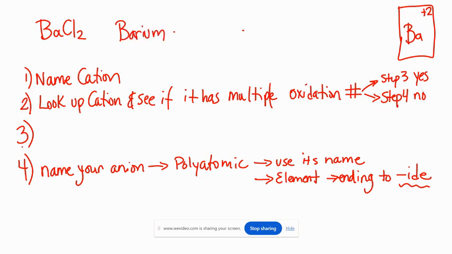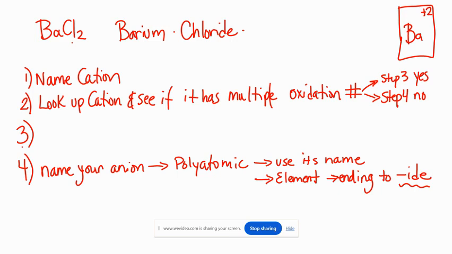I'm going to look up and see if it has multiple oxidation numbers. It does not, so I'm going to go to step 4 here. Step 4 is I'm going to name my anion. So chlorine is going to become chloride. Remember the element, you're going to change the ending to "ide."